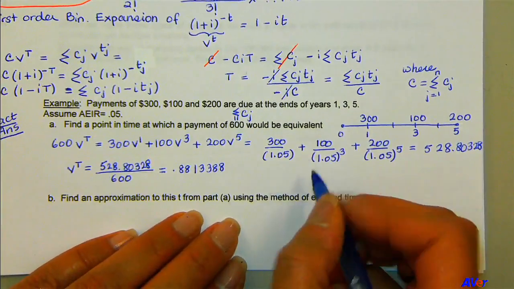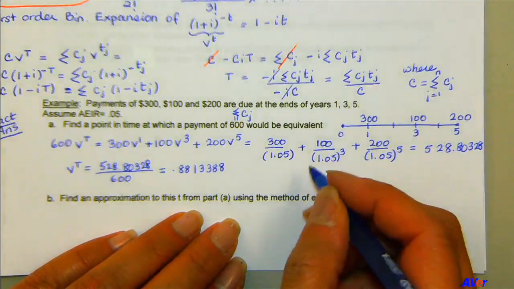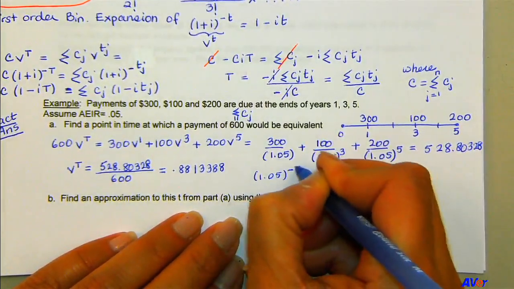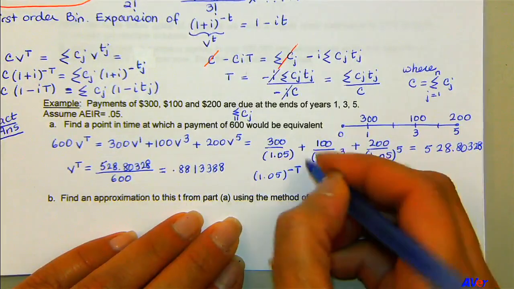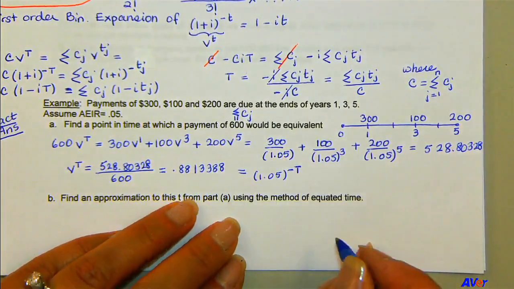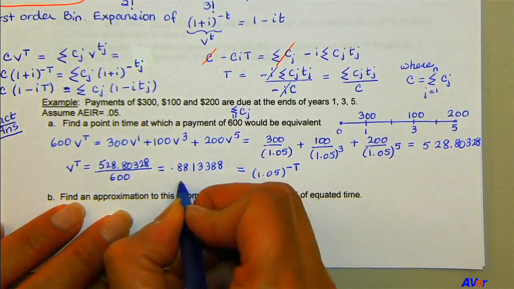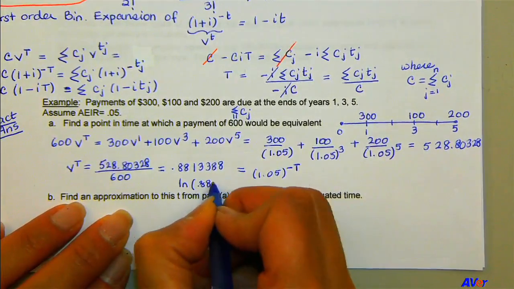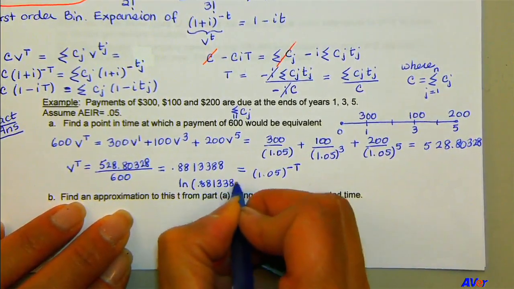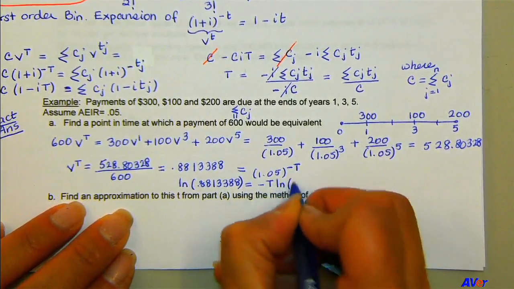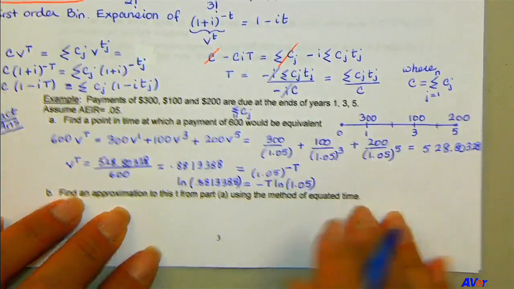And I'm looking for t, don't forget. You see that this is a pain, right? 1.05 to the minus t, that's v^t, equals 0.8813388. Let's take ln of both sides. So ln of 0.8813388 is equal to minus t ln of 1.05.